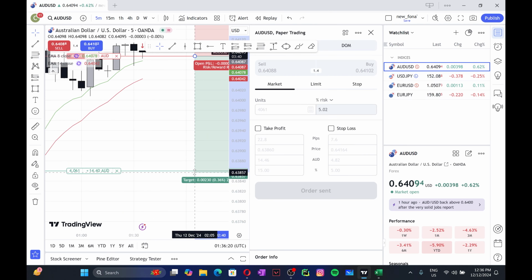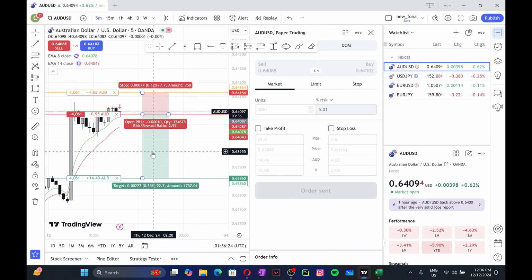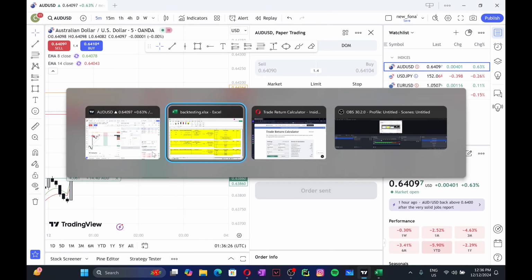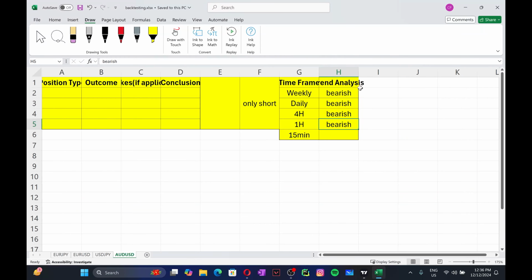And also I'm gonna have this down to there. Okay, that's perfect. So that is 2.95 risk to reward ratio and 5% of risk, and that is AUD USD.